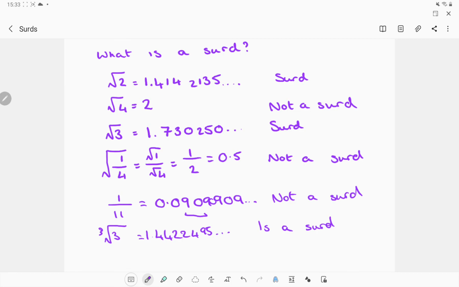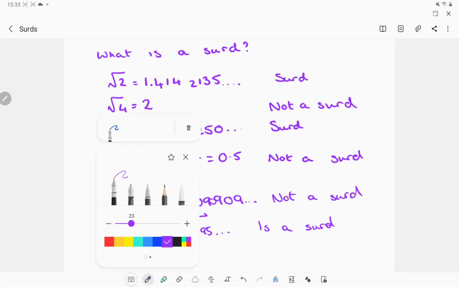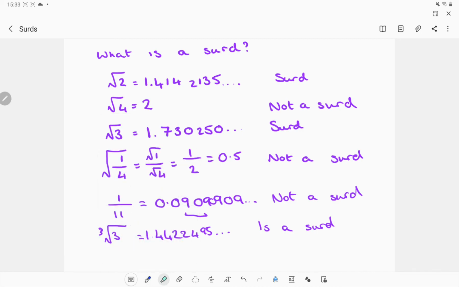Hopefully you'll notice what all of these surds have in common. So if we look at our list, you'll see the examples I chose to be surds. We have the square root of 2, the square root of 3, the cube root of 3. For it to be a surd, it involves powers and roots.